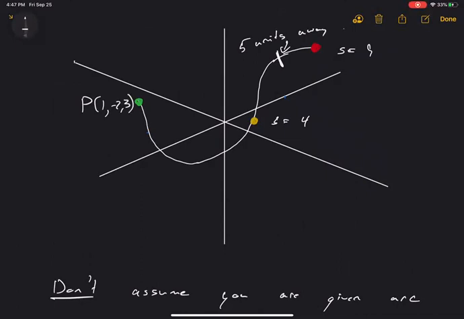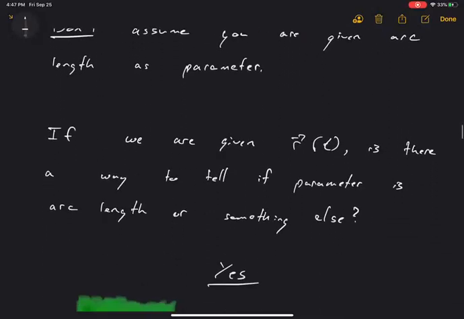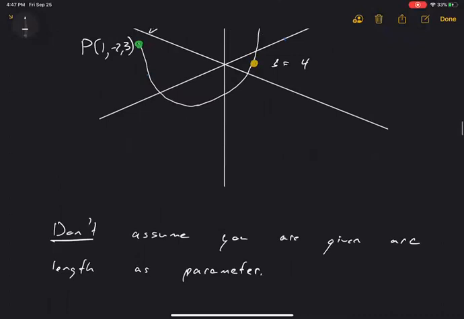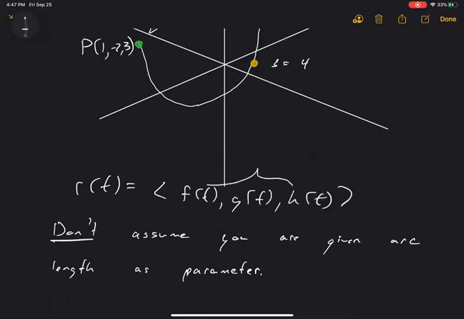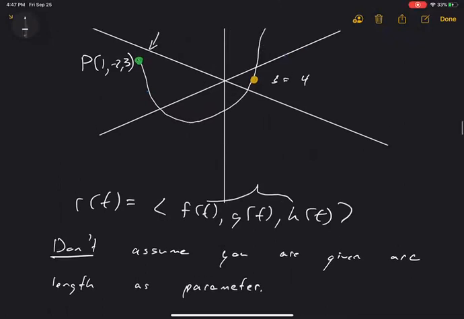Maybe we're told that point is on the curve, and we could think of that as an initial point. Could we somehow rewrite these components in terms of distance along the curve from that initial point?